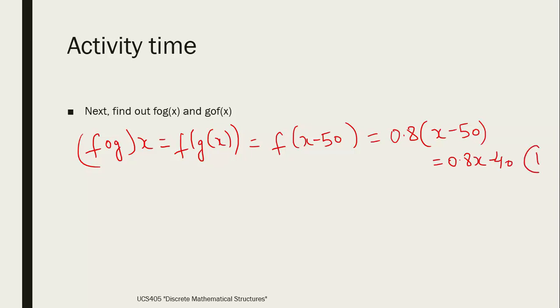This is the first case, when we apply the coupon first and then take the discount. So the actual cost will be 0.8x minus 40.